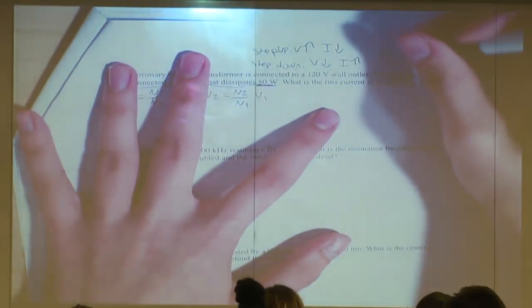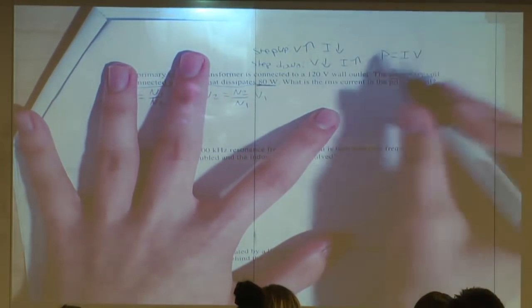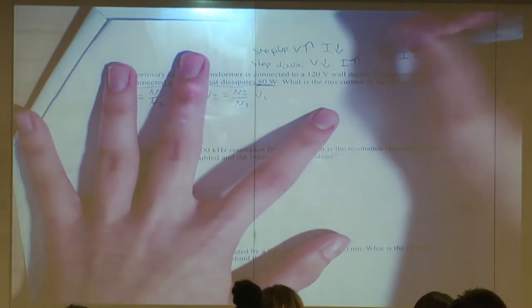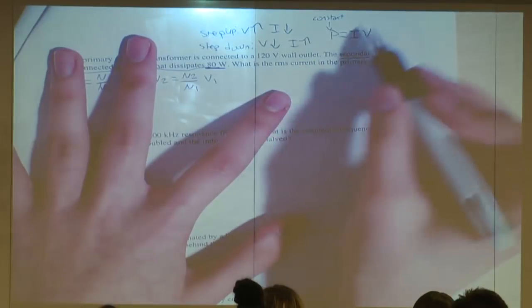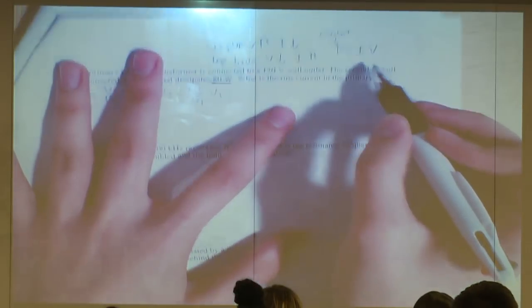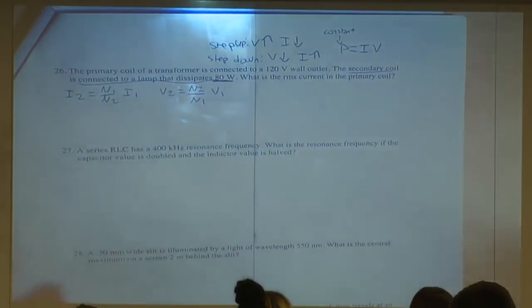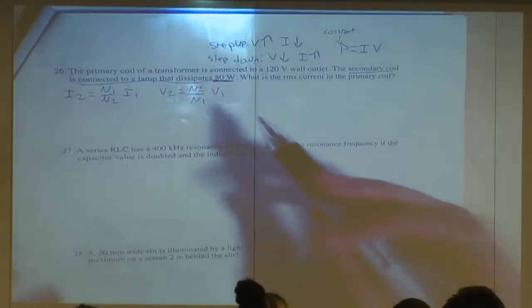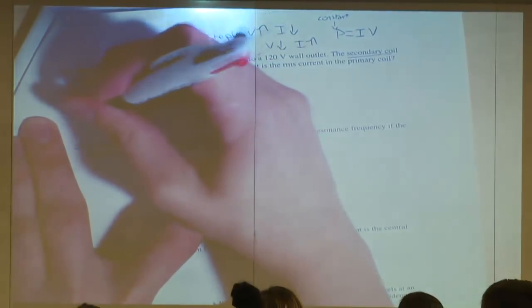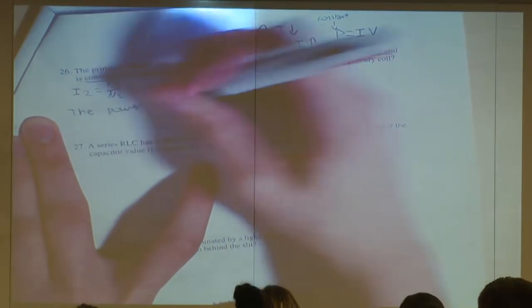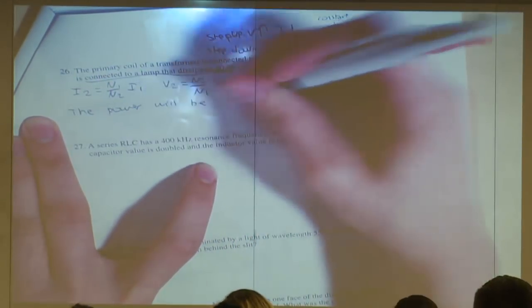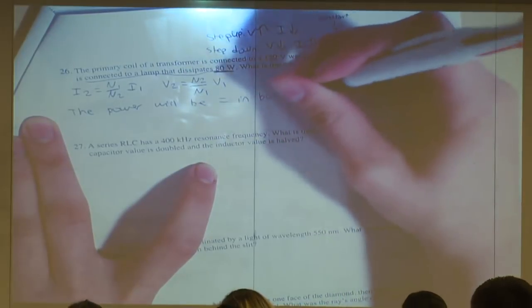Because P equals IV, if you have the same power, it's constant. This is a bit of a side note, but that's why when voltage goes up, current goes down, and when current goes up, voltage goes down, if you were ever wondering why. So the power will be equal in both coils.